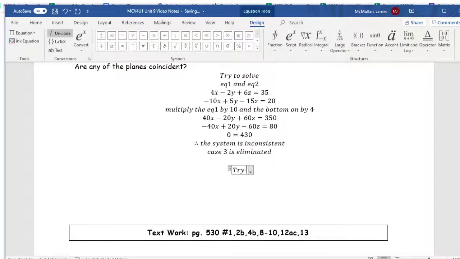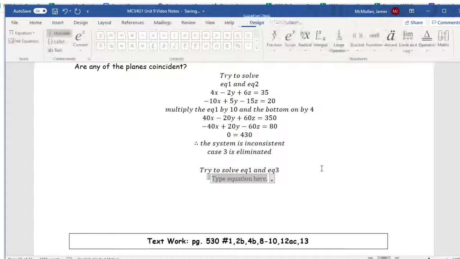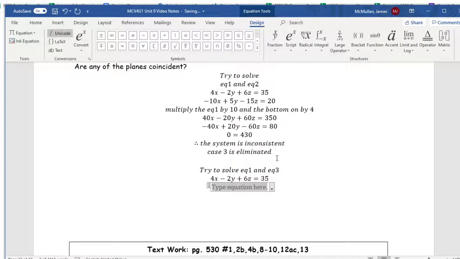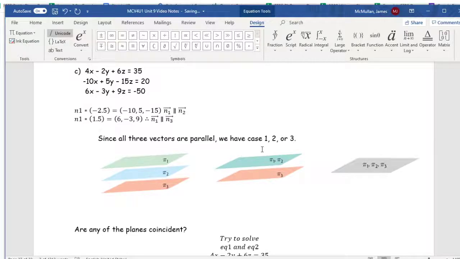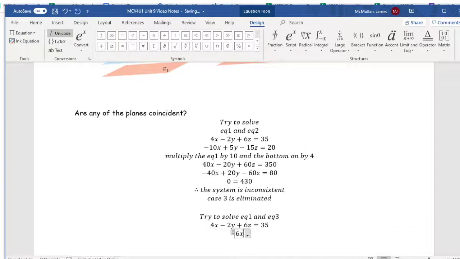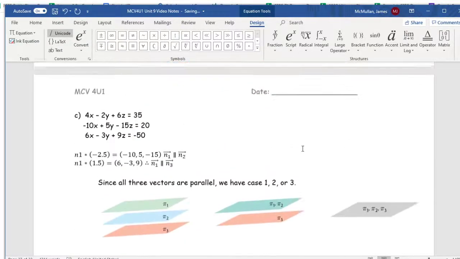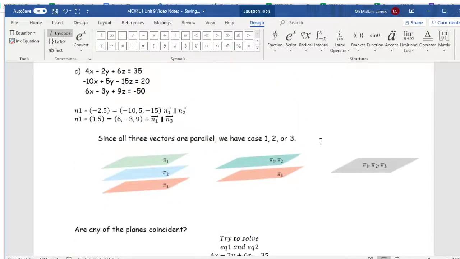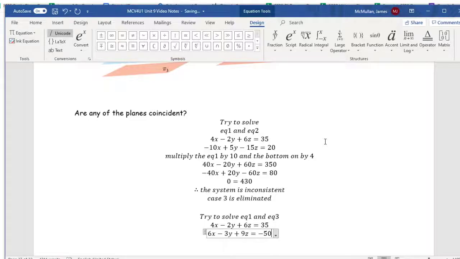Okay, so let's try to solve. Again, 4x minus 2y plus 6z equals 35. Underneath that, 6x minus 3y plus 9z equals negative 50.